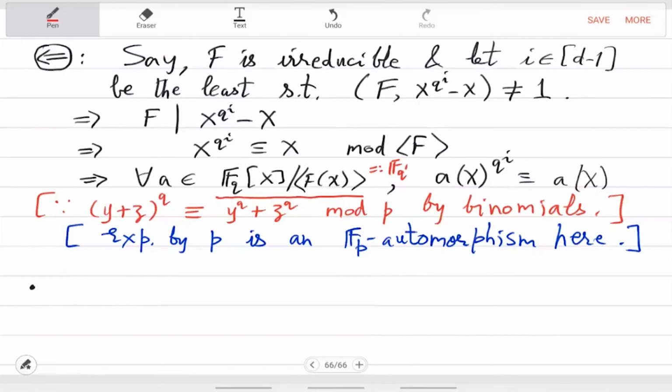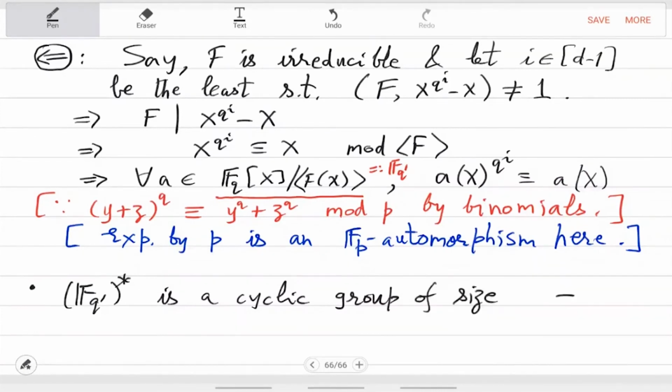Let me call it F_q prime. The nonzero elements of this field form a cyclic group of size field size minus 1. What is the field size? Q prime, which is q to the d. So this is a cyclic group of size q to the d minus 1.